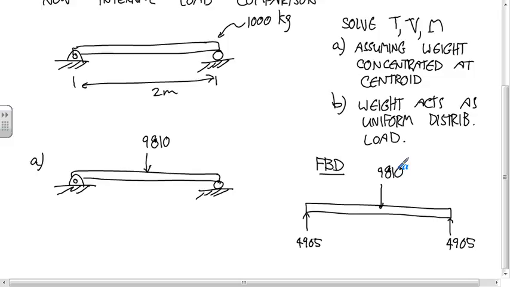If we're going to calculate the internal loads, how many important points are there? 3. So how many cuts do we have to make? 2. Yep. So we have to make one cut where the right end of the cut is going to represent something between 0 and 1 meter, and a second cut where the right end represents anything between 1 meter and 2 meters.